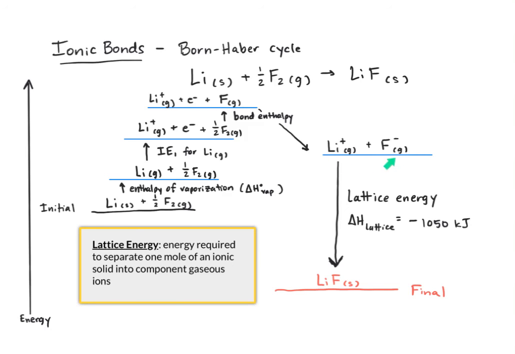The energy of our respective ions is higher for the gas phase components than either of our initial starting materials. It's this lattice energy that makes it worthwhile energetically for lithium fluoride to form in the solid state.